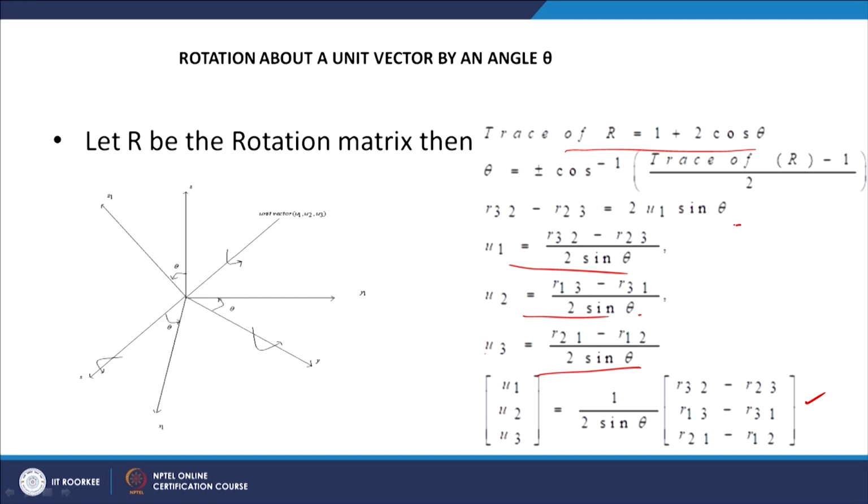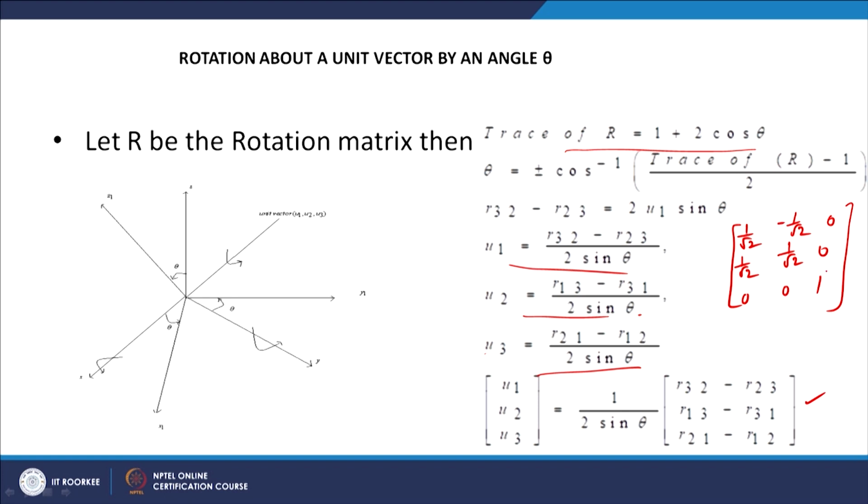So for example, if I give a rotation matrix 1 by root 2, 1 by root 2, 0 and minus 1 by root 2, 1 by root 2, 0, 0 0 1. It is a very standard form of a rotation matrix.